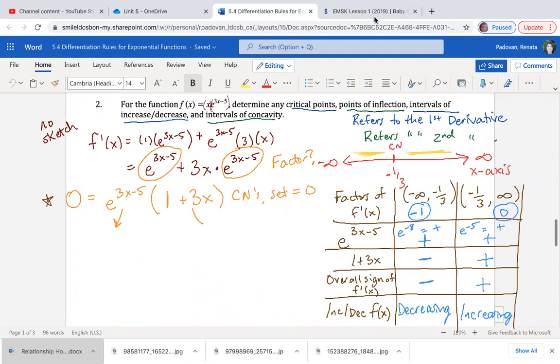So what would our conclusion be here? If I was decreasing, and then I'm increasing, and this is a critical point, the critical number of -1/3, because that is a critical point and I'm decreasing then increasing.